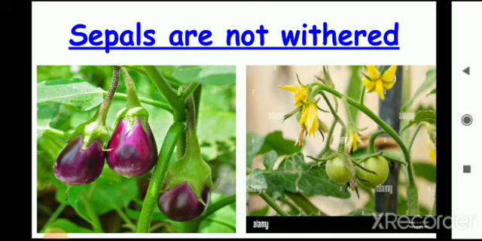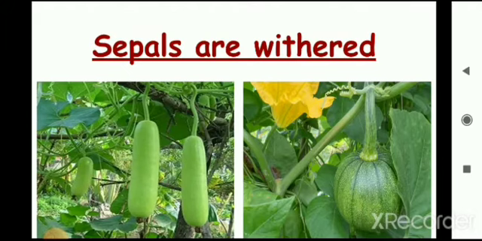First picture is of brinjal, right? And second picture is of tomato. In this picture you can see sepals are not withered. Sepals are present with the fruit, right? But in the last picture you can see sepals are withered, right? Sepals are dried and they are not present with the fruit, right?